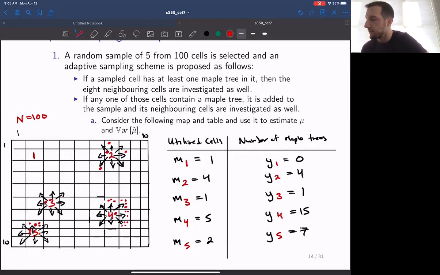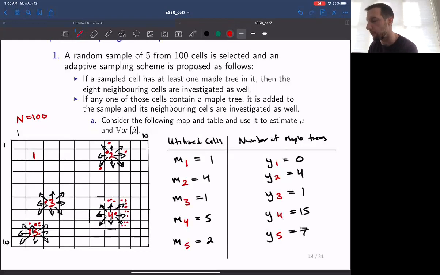So if each object is essentially a square in the grid, we now have a sample of 5 of those squares. What the adaptive sampling scheme does is it says, if we randomly select a sample or a cell, in this case, one of the squares, and it has at least one maple tree in it on its own, then we move to the 8 neighboring cells, or, well, if you're in the corner, then you wouldn't be able to move to 8.